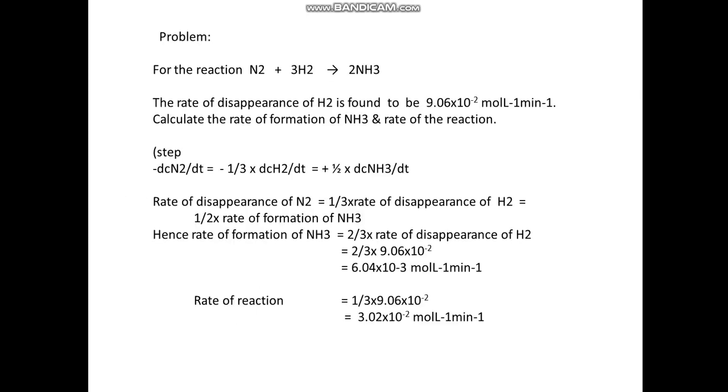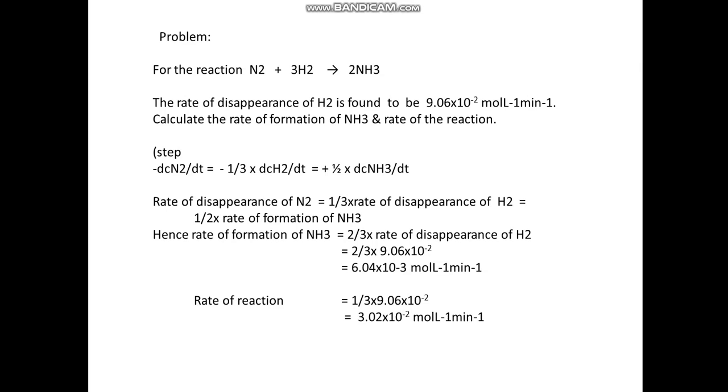Now let me illustrate the significance of the rate of the reaction, the rate of formation and the rate of disappearance, with a suitable example, taking the reaction N2 plus 3H2 giving 2NH3 as a problem.